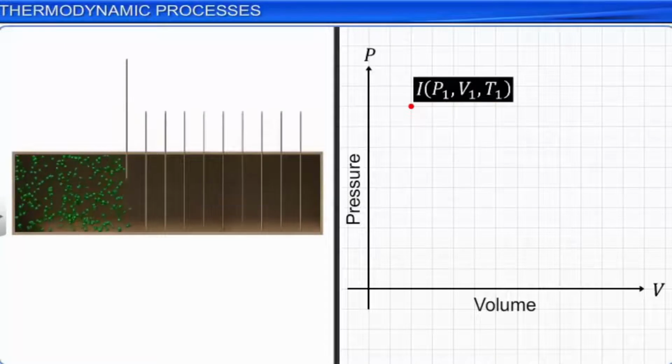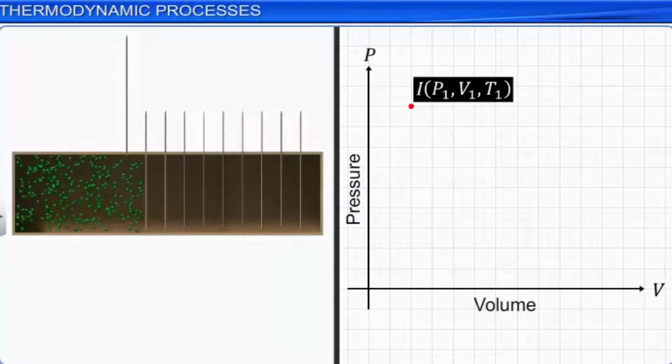If the first partition is removed, the gas quickly expands and there will be a small change in the pressure, volume and temperature of the gas. Since the changes are very small, the system quickly attains a new equilibrium state. The new equilibrium state can be represented in a PV graph by point A as shown.